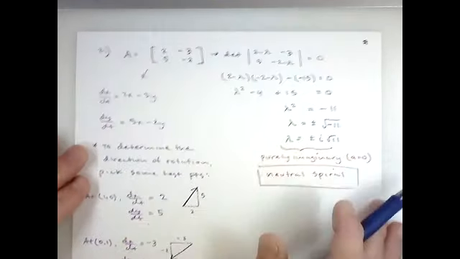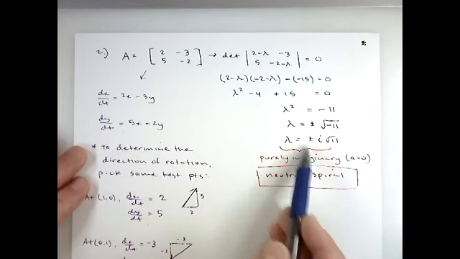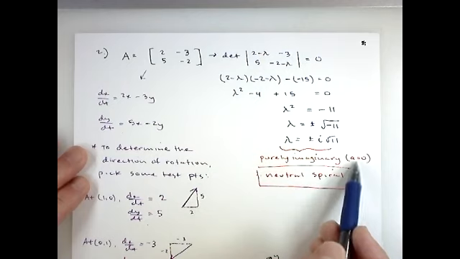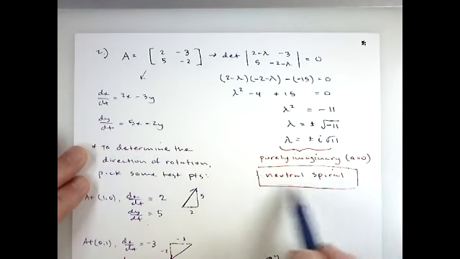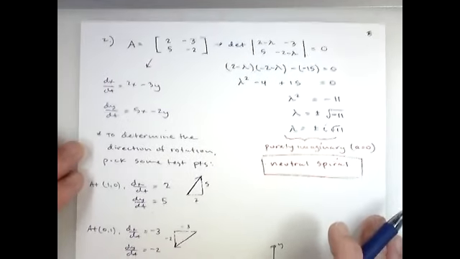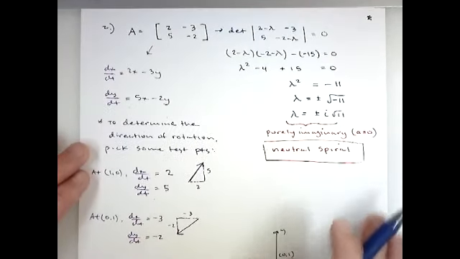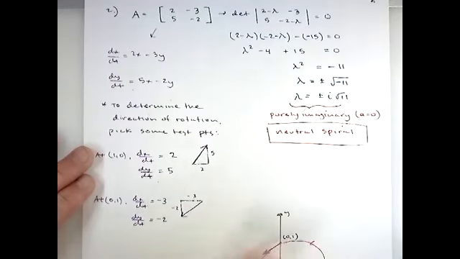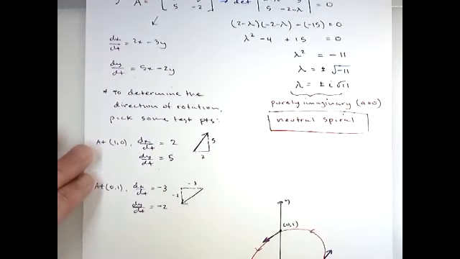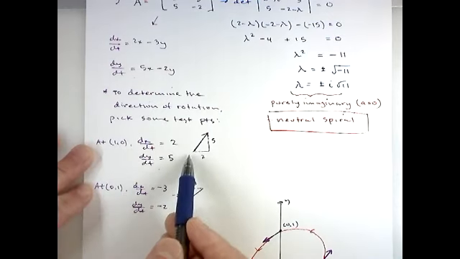This time, my eigenvalues come out to be purely imaginary, no real part to my complex number, so I know it's going to be a neutral spiral. And then to determine the trajectory, there's my two differential equations, and I'll pick a couple test points like 1, 0 and 0, 1. At 1, 0, I get a vector going upward, 2, 5.